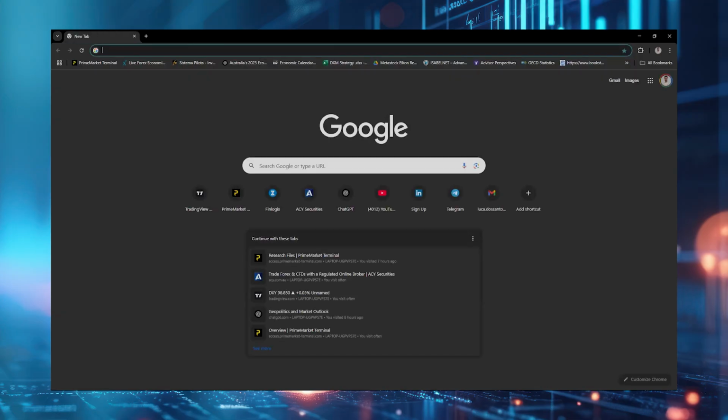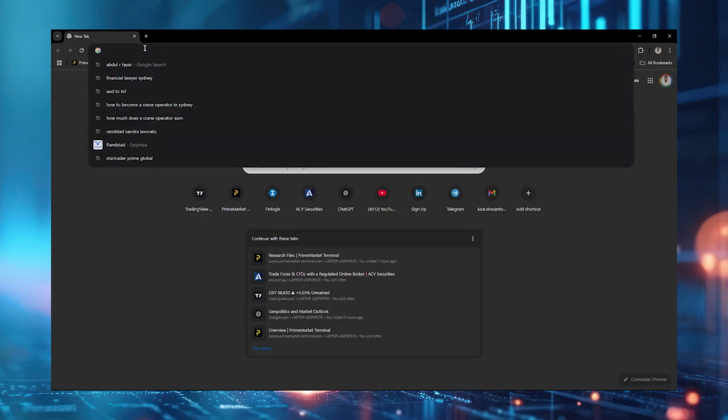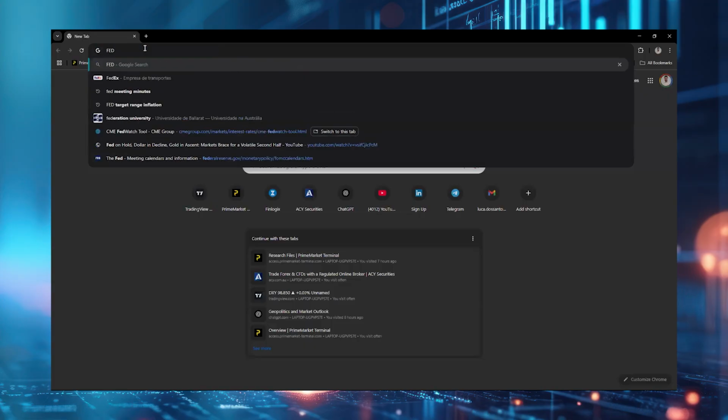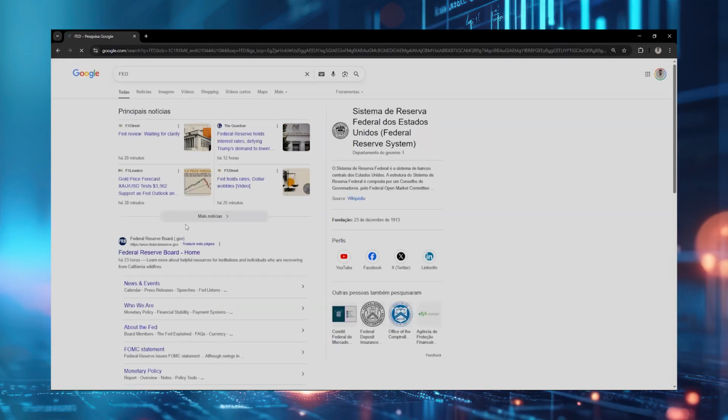Cool. So the first thing we need to do is actually go to the Fed website. For those who don't know, it's pretty easy to access. You just type Fed, and you will see the first result already, the Federal Reserve Board .gov.